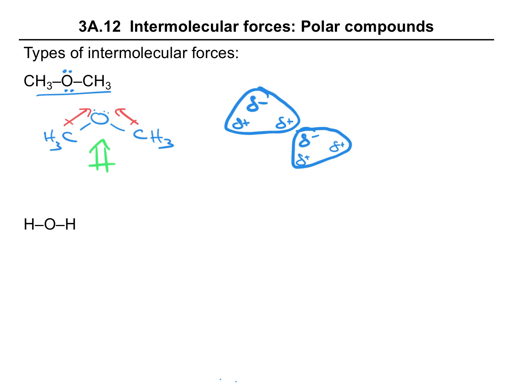And so when we have a permanent dipole, we have dipole-dipole interactions, where the partial plus of one molecule is attracted to the partial minus of another molecule. So our first type of intermolecular forces would be dipole-dipole interactions.